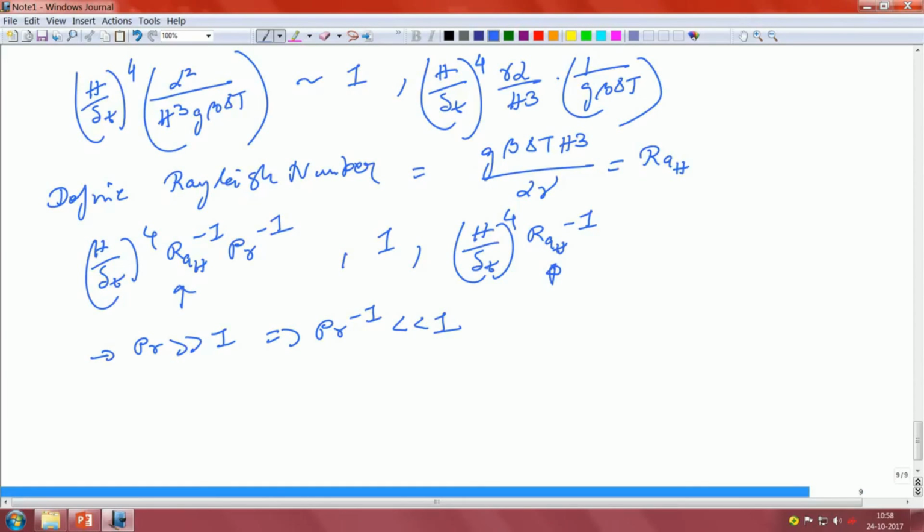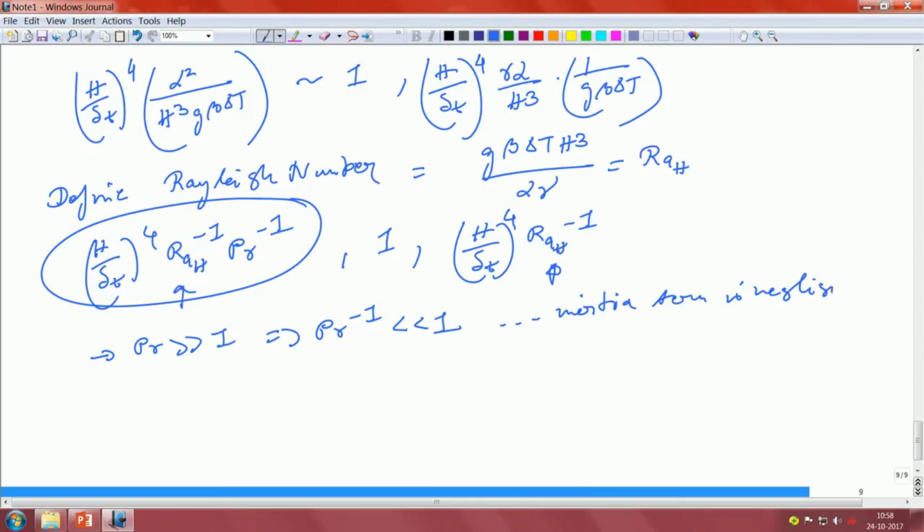Then what will happen is that the inertia term, which one? This one, right. The inertia term is negligible, is it not so? That would mean that it will be basically a balance between viscous and buoyancy, that means between this term and this term.